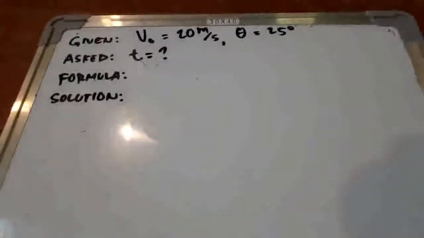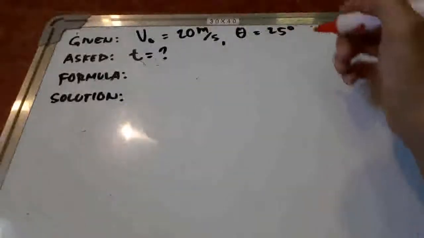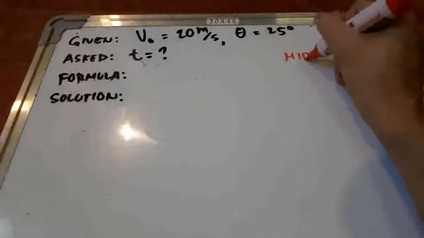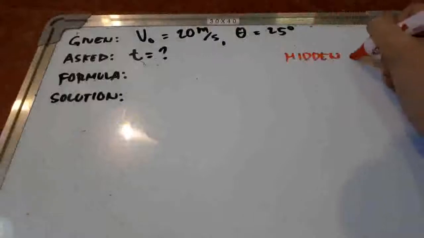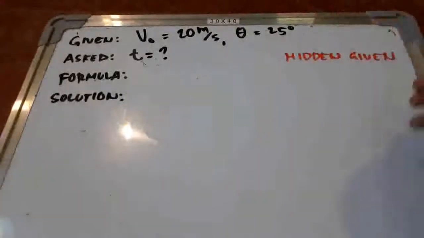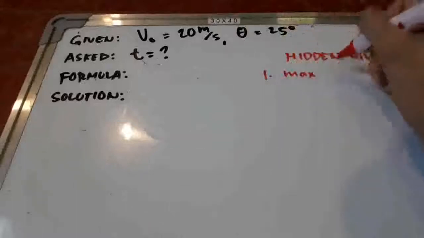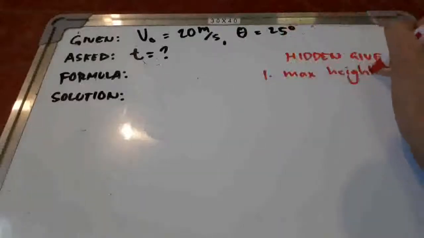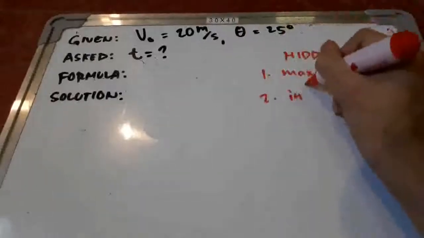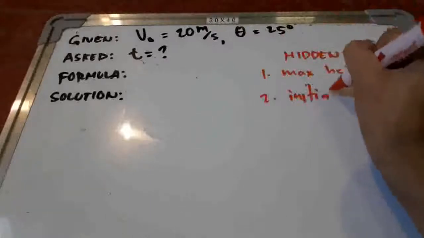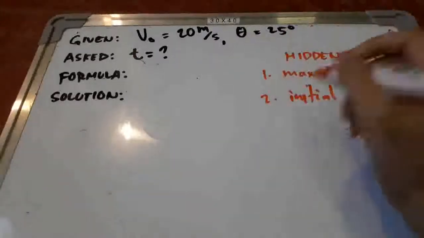We need the t. However, we cannot solve for t without figuring out the hidden givens. Again, in these kinds of word problems, we need to be able to figure out what's hidden amongst the problem. We have 3 types. We have our max height, hidden given. We have our initial range and initial height.